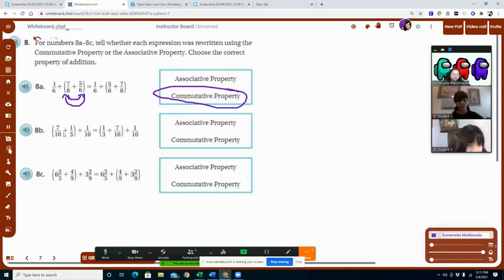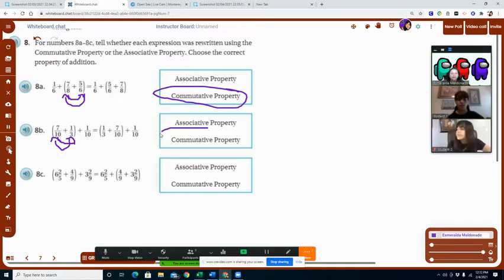So are they changing the order or they're changing what is being grouped? Rosa. I think they changed the order because 7/10 was first, and now 1/3 is first there. Yeah, right. They only switch the order of what comes first, but the parentheses is still grouping the same thing, right? So what property is that, Vanessa?